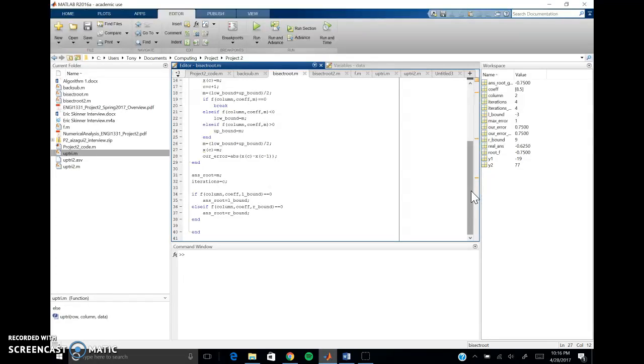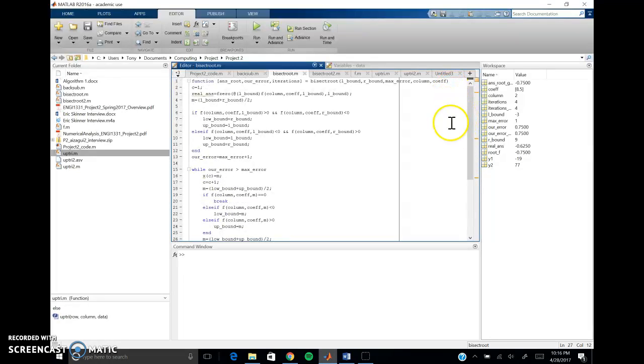It's going to find the iterations for which it finds your zero. I cannot get the word zero. And it's going to output your root answer, the error that they got, and the number of iterations that it used.